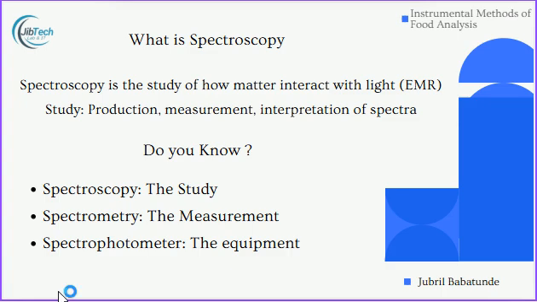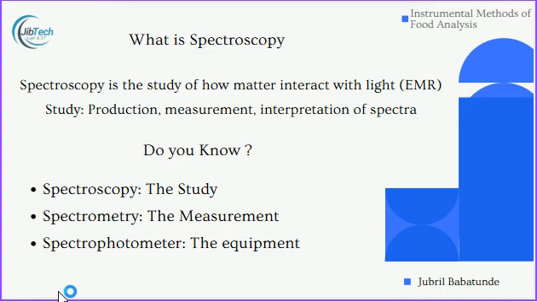Now, there are some words that are somehow used interchangeably. We have spectroscopy, we have spectrometry, and then we have spectrophotometer. Spectroscopy, as we have said, is just a study, the study of the interaction between light and matter.